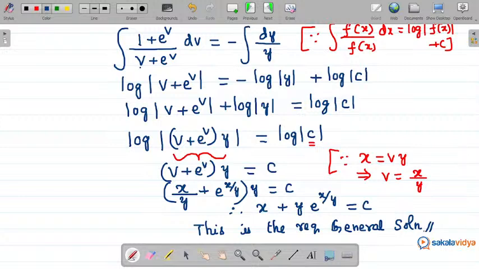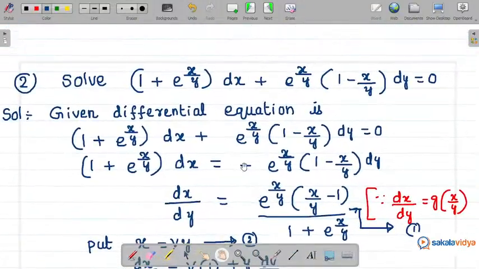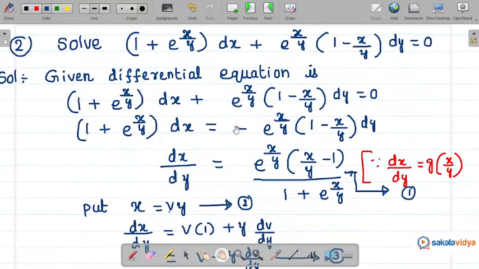I hope you might have followed this question now, right? x plus y into e power x by y is equal to c. Okay, let me explain this question once again step by step. Now see, this is the second question we have been discussing, and it is a very important question.